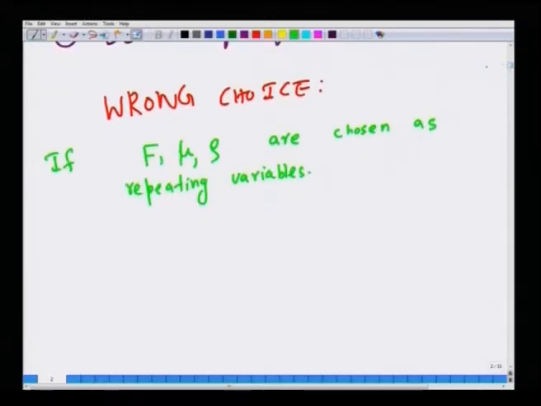then all we want to do now is represent mass, length and time in terms of these 3 variables. Now, let us see whether we can represent mass in terms of these 3 variables.